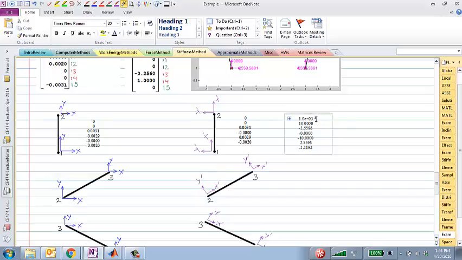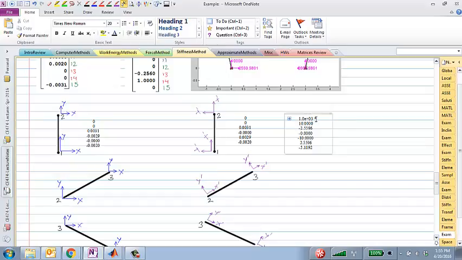And these forces, maybe I should draw those. So these forces are the local forces and moments in the local coordinates. These are the element forces and moments in the local coordinate system.